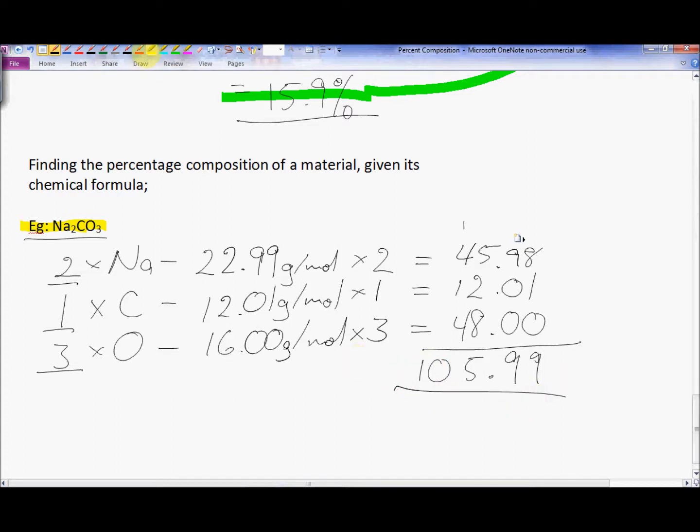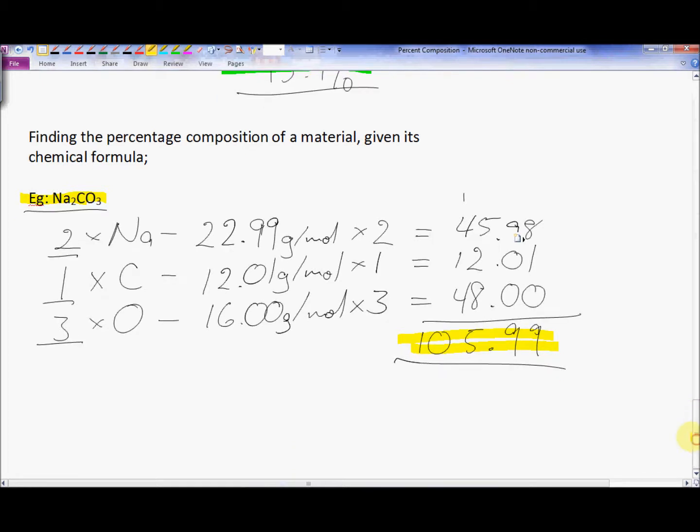Okay, so to find the mass percentage of sodium within sodium carbonate, what I need to do is basically just divide the 45.98 by the 105.99. To find the mass percentage of carbon within sodium carbonate, I would have to divide the amount of mass that comes from carbon, so the 12.01, by the 105.99, the molar mass of sodium carbonate.